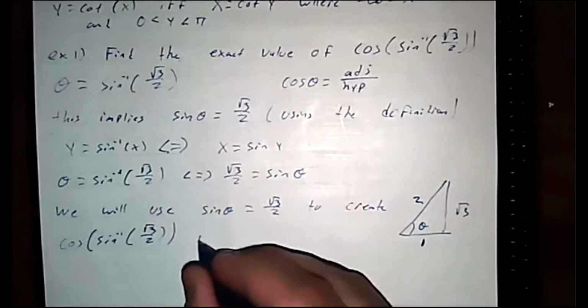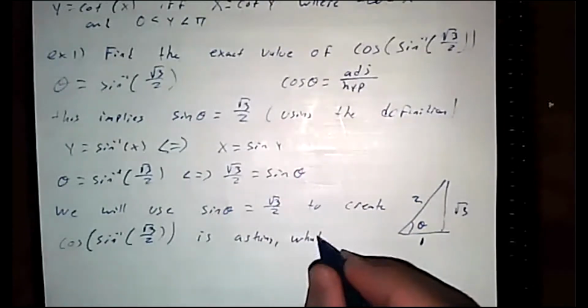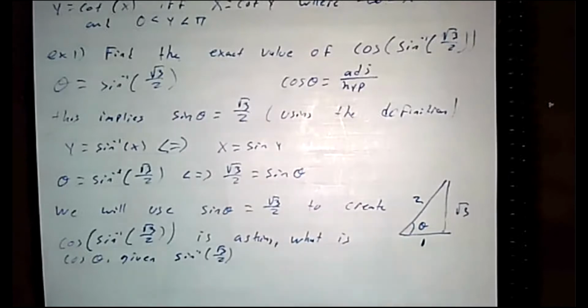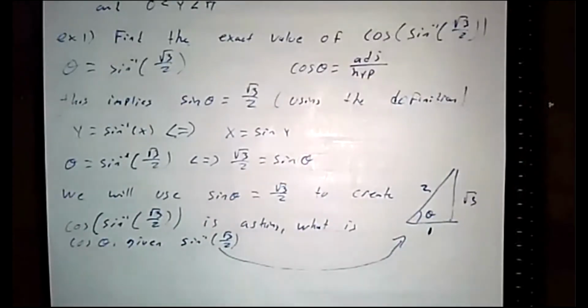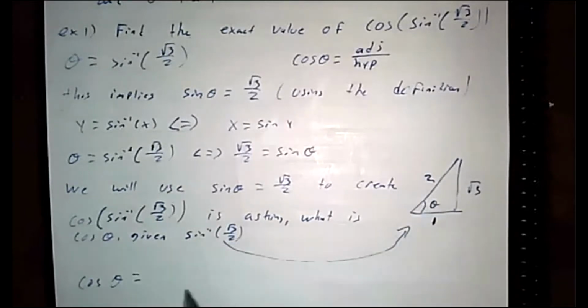Cosine of sine inverse of square root 3 over 2 is asking what is cosine of theta given sine inverse of square root 3 over 2. So this gave me this. So cosine would be what? Adjacent over hypotenuse, right? Okay.